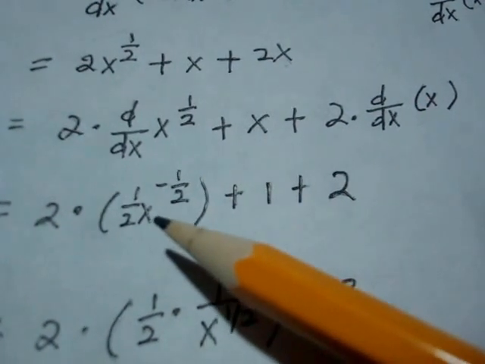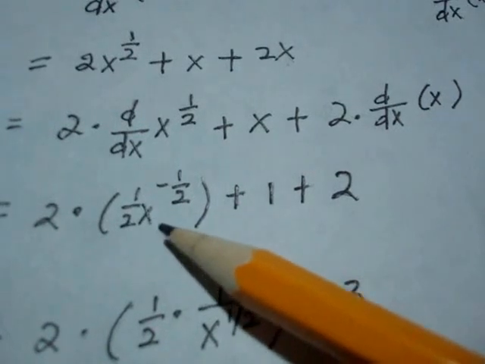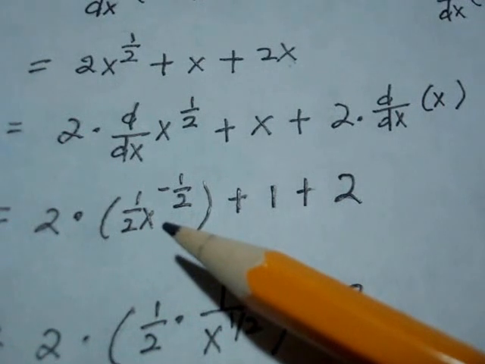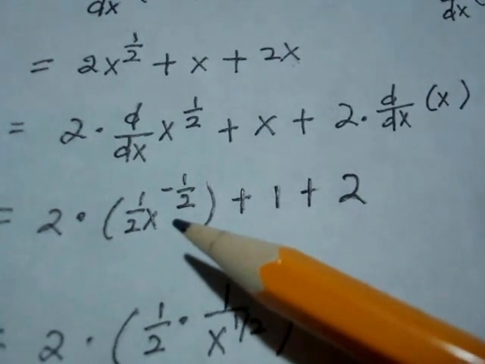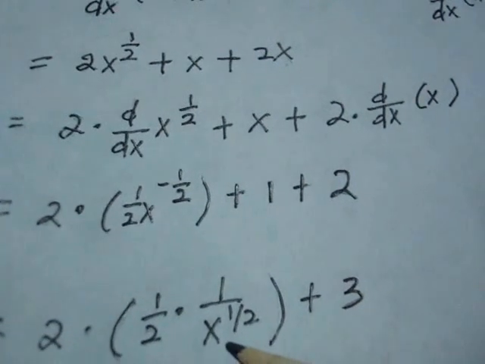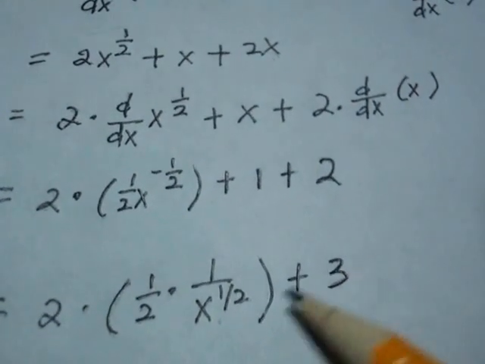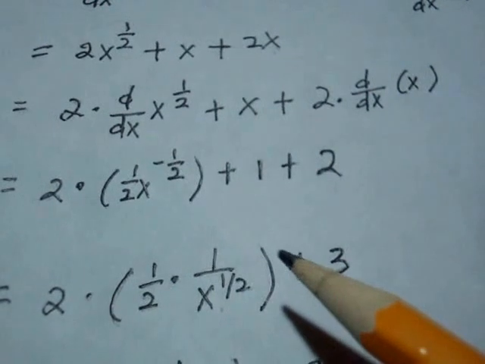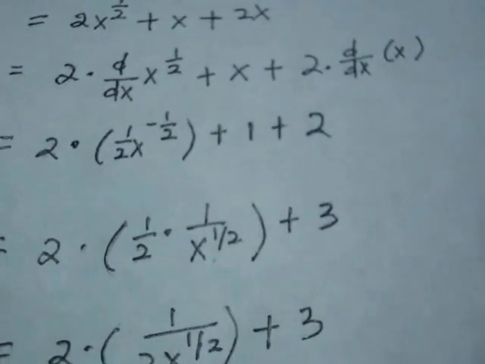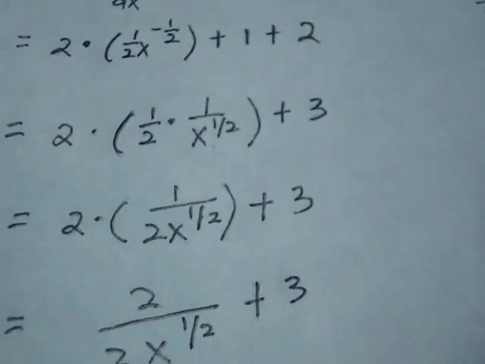Every time you see a variable with a negative exponent, you always want to make it into a positive exponent by bringing it down to the denominator like this. So you do basic algebra to clear up the expression right here. So the answer will be like this.